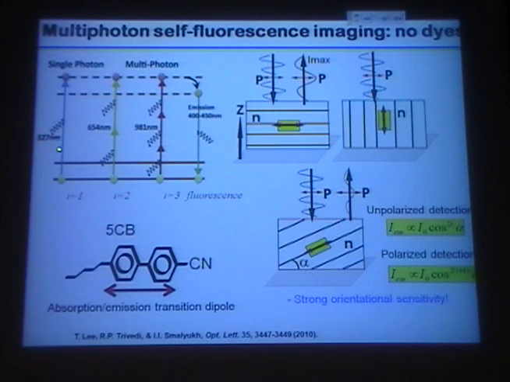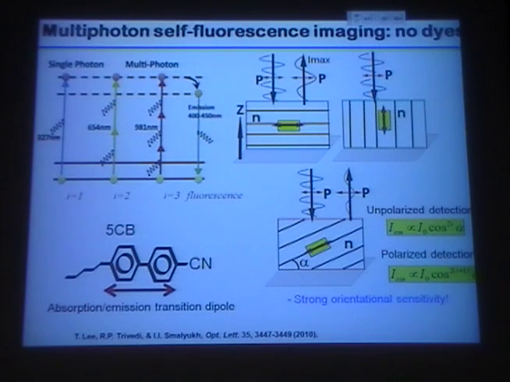So if it's single order linear absorption, then this would be just 1. It would be 3 for 3-photon absorption process. Right now, if we were to detect the fluorescence light through the polarizer as well, then we'll need to add 1 in here, and this dependence becomes even stronger.